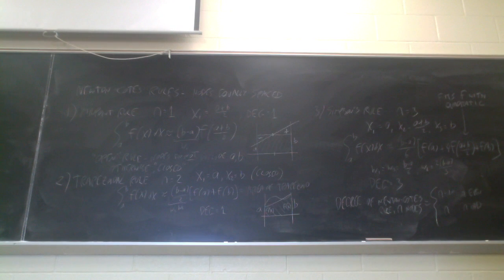All right. Is there any proof for accuracy of odds? Yeah, actually. So the way you can show that is using a Taylor expansion of f of x. If you have equally spaced nodes and n is odd, one of the nodes is always going to be the midpoint, like we're seeing in these 2 cases.